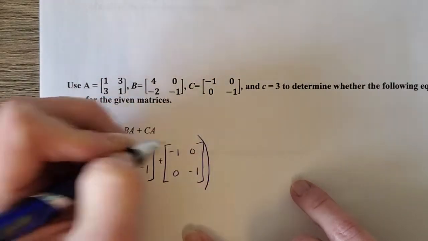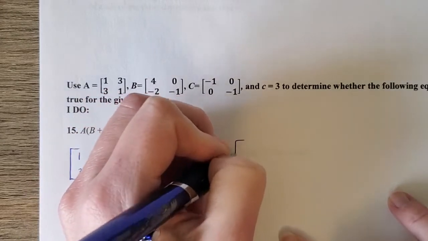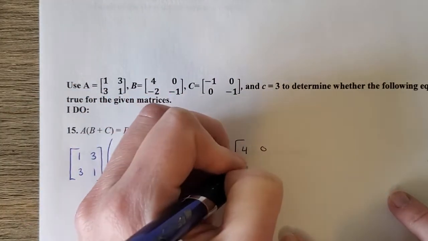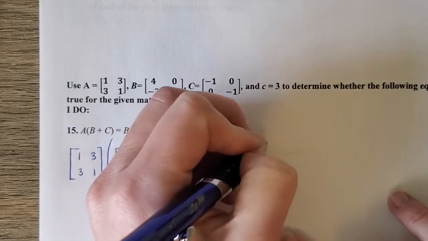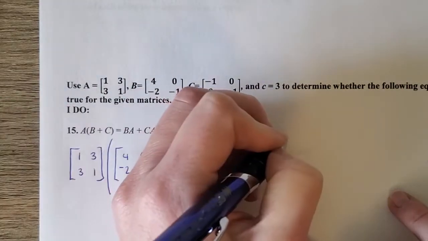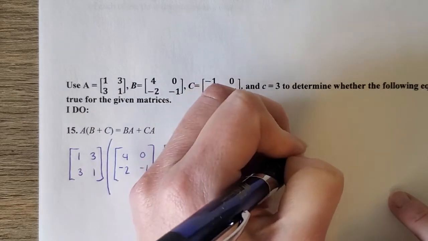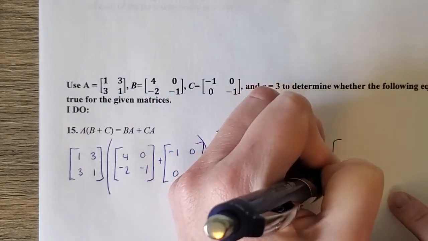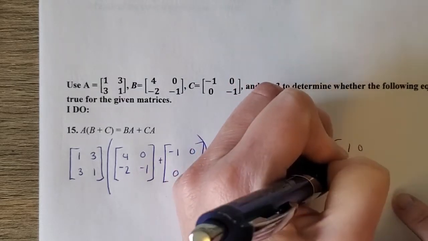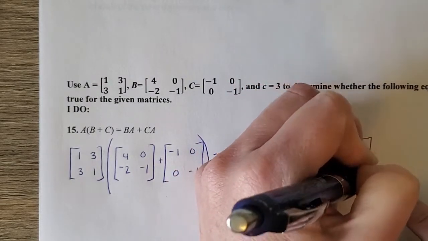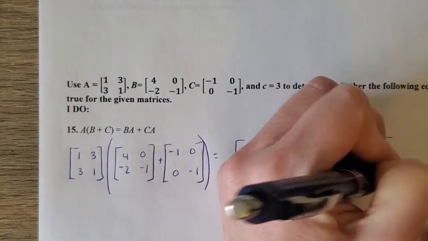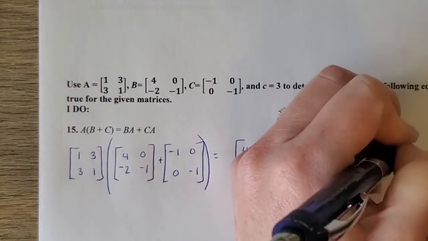And then we want to see if that's equal to B, which is 4, 0, negative 2, negative 1, times A, which is 1, 3, 3, 1, plus C, which is negative 1, 0, 0, negative 1, times A, which is 1, 3, 3, 1.